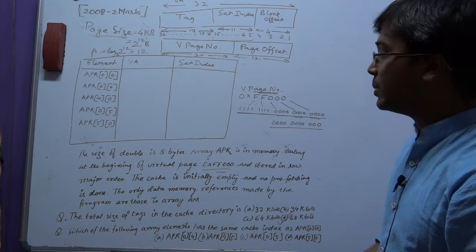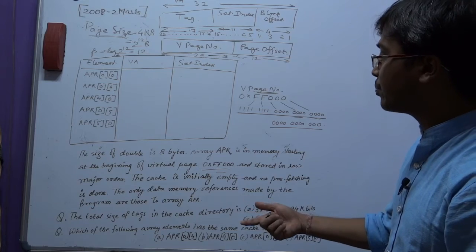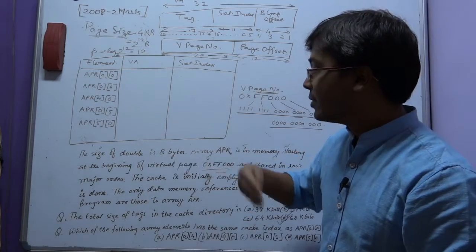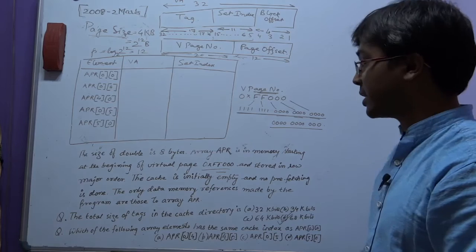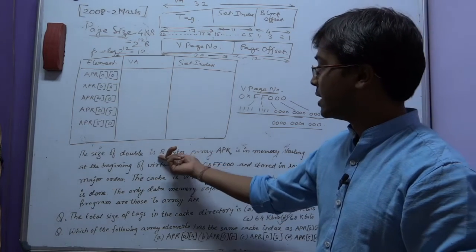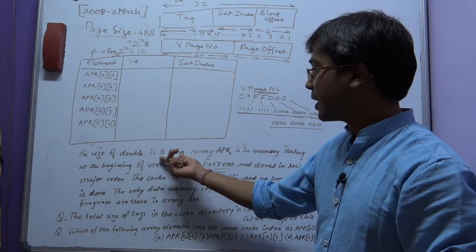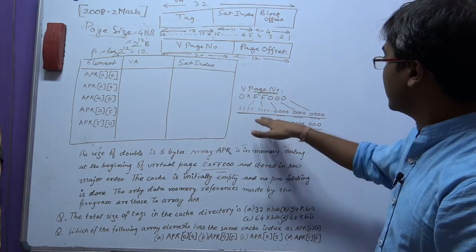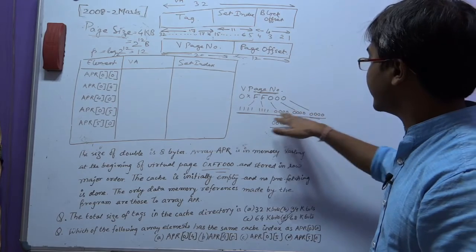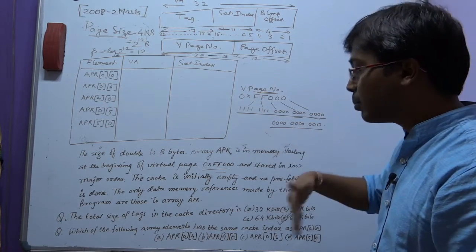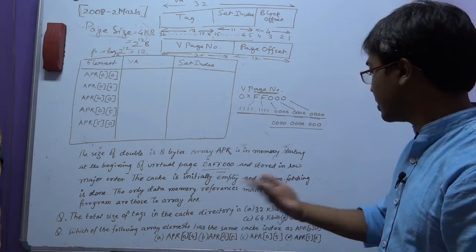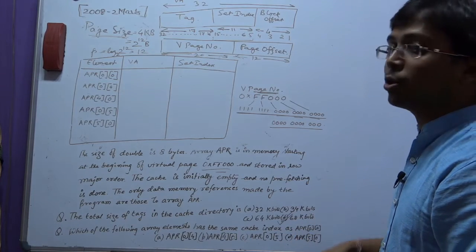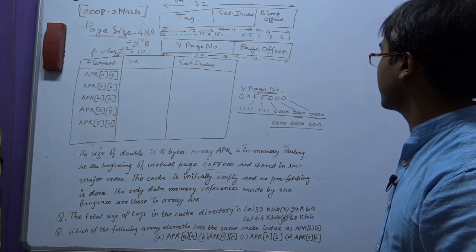That is the next element. The next element would be 8 bytes away from the address of the first element, because the elements of the array are 8 bytes wide. So the next element's address would be this total address, which is 32 bits wide, plus 8. So that would be the address of the APR01 element, right?